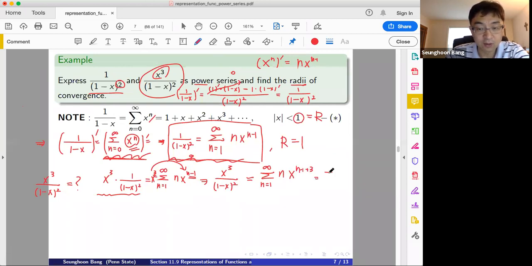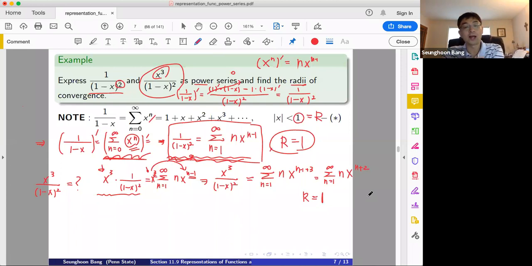So we have the summation n equals 1 to infinity of n times x to the n plus 2. What's the radius of convergence here? We only multiplied by x cubed, so the radius of convergence doesn't change, it's 1. That's the whole idea for solving this kind of problem.